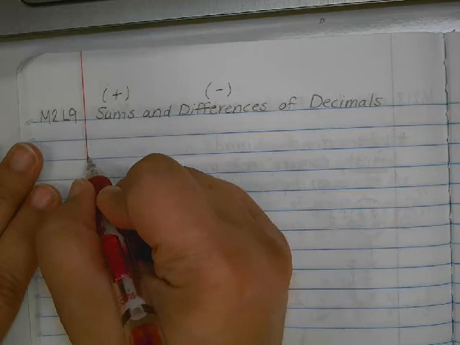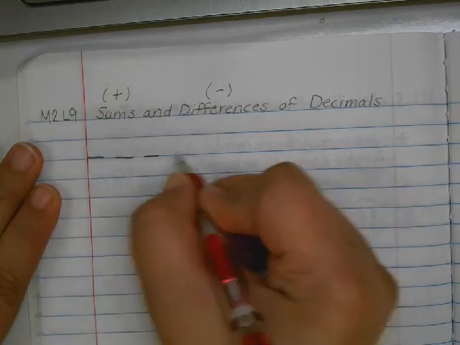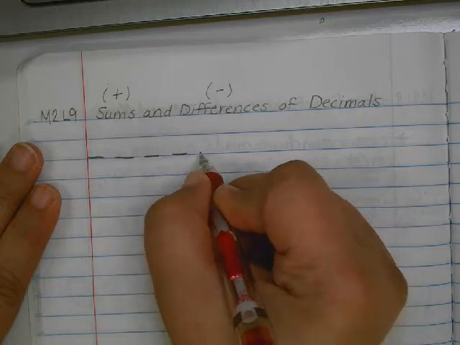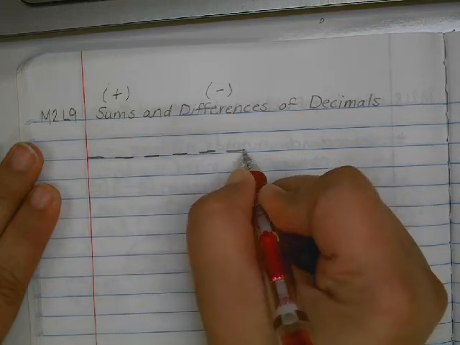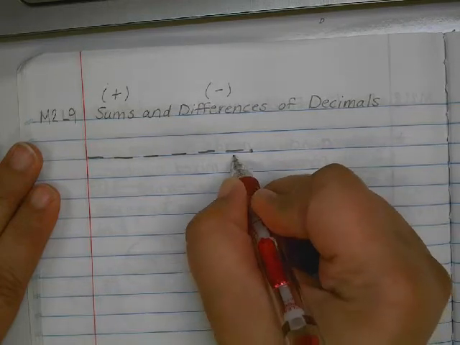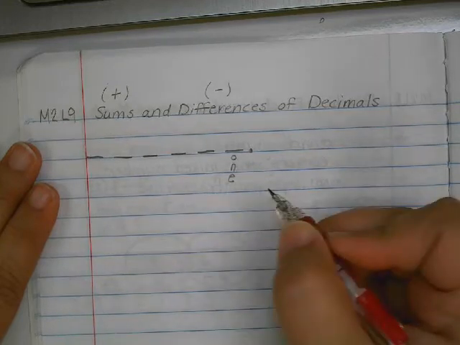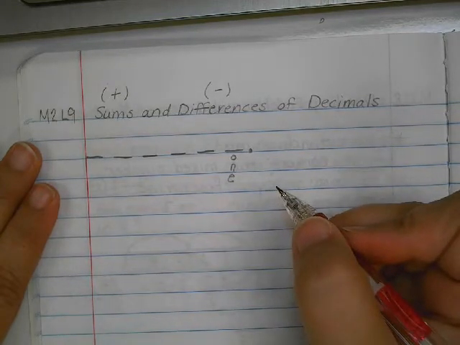So we know the whole numbers that come before our decimal, we know those place values. The first place next to the decimal is 1.